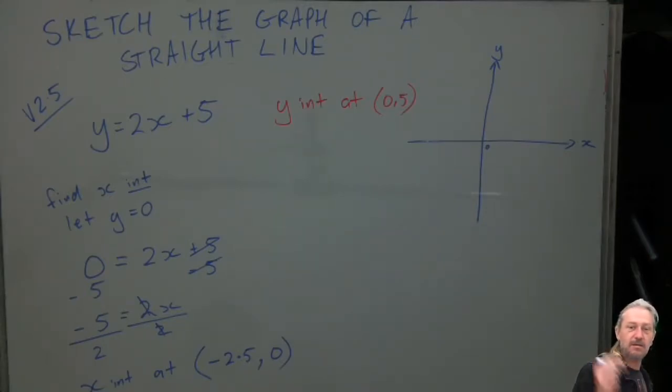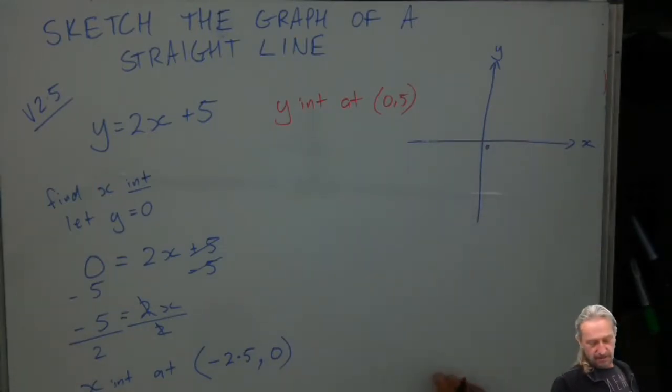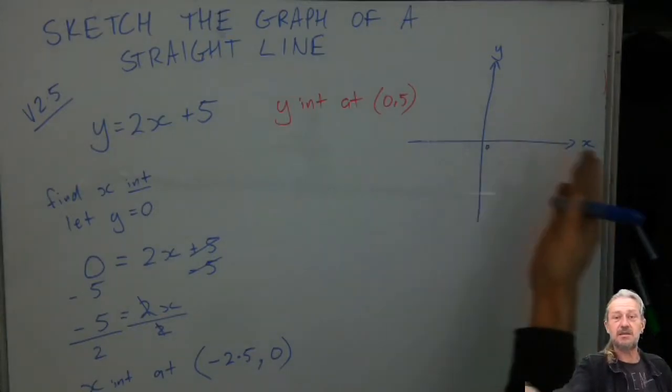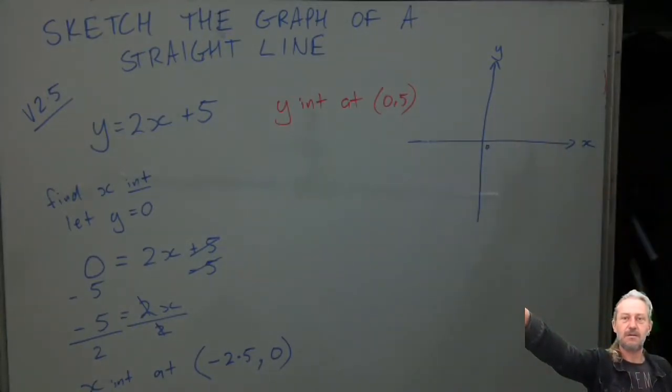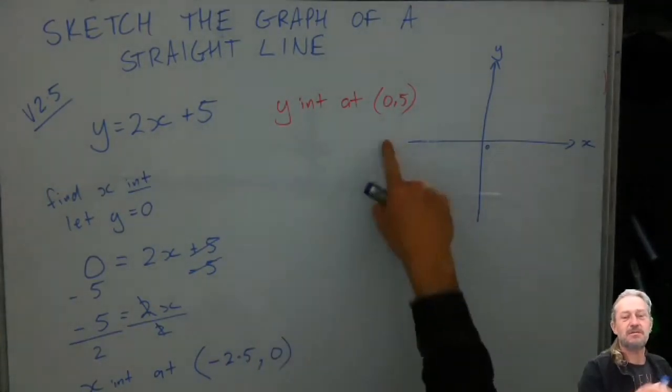Now that we've got 2 points, we can put them on our line. When we're sketching the graph of a line, all we really need to do is have the axes, we rule the line, and then we can mark in these 2 points.